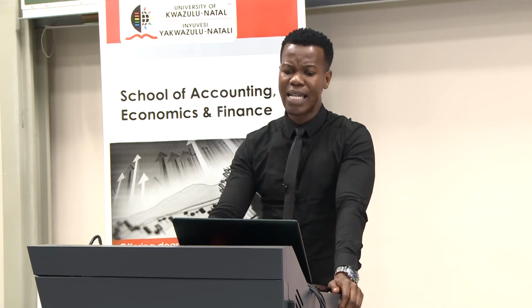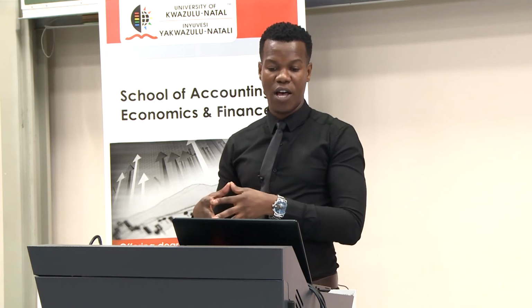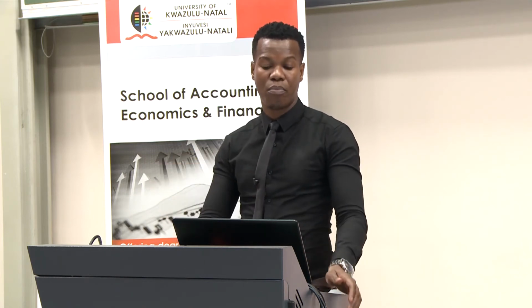Now, the balance of your fixed deposit here is sitting at 185,000, meaning we already have fixed deposits to the value of 185,000. When we look at the closing balance, it is all of a sudden sitting at 195,000. It is already clear that during the accounting period, we made some investments towards the fixed deposit account.